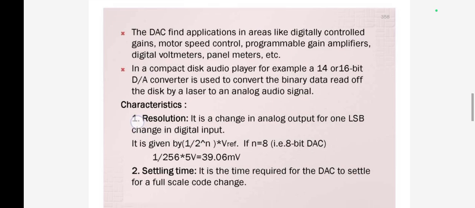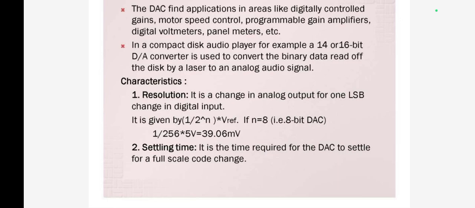And the characteristics include resolution and settling time. Resolution is defined in two different ways. One way is to define the number of different analog output values that can be provided by a DAC. And secondly, the resolution may also be defined as the ratio of a change in output voltage resulting from a change of one LSB at the digital inputs.